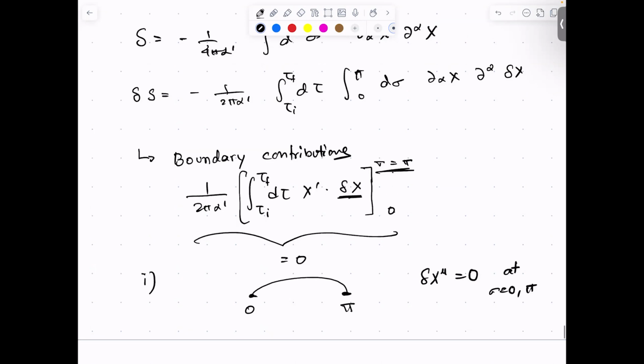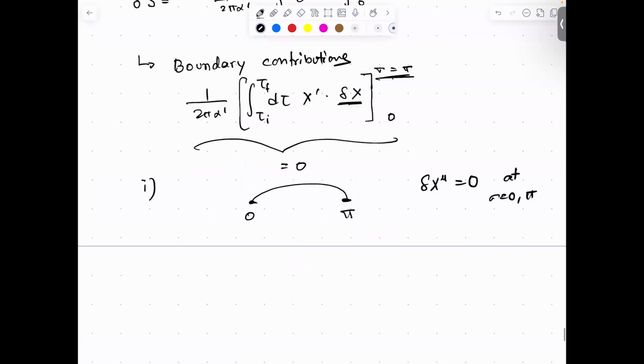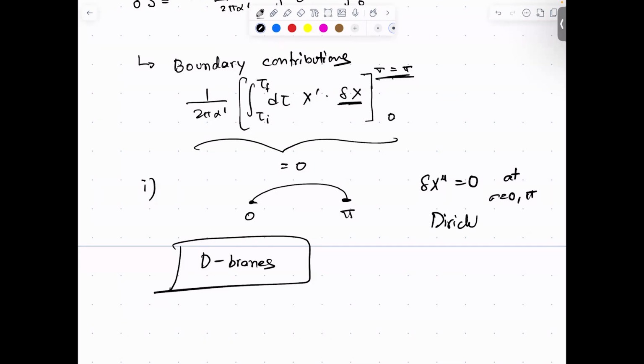If it is zero at both points, this term vanishes. That's okay, and that's something we see from classical strings as well. Classical strings can end on something, like a wall. This gives rise to something called D-branes. And those of you who have done a bit of waves and differential equations, this is called Dirichlet boundary conditions.